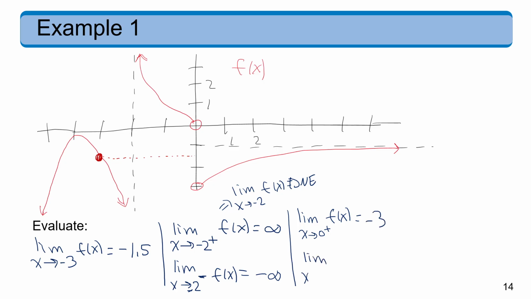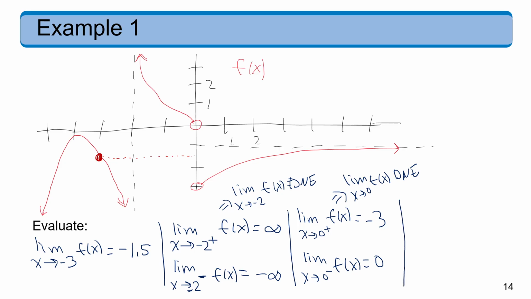And then the limit as x approaches 0 from the left, so this time we're approaching 0 from this side. It means we're coming along this curve, and it approaches this point, which has y coordinate 0. So that limit would be 0. And then those two one-sided limits tell us if we were asked to find the regular limit at 0, it would not exist because the left and right limits are different.